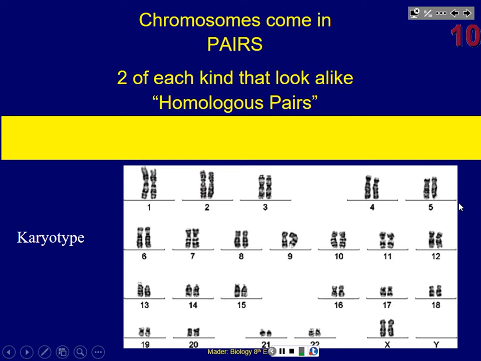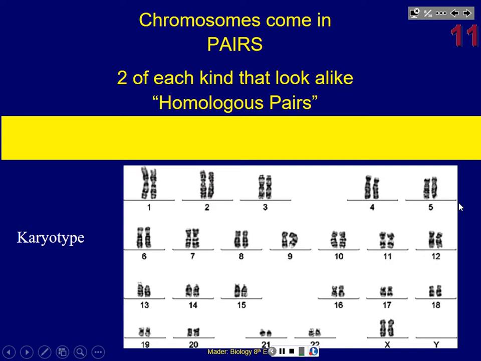So what they would do is group them together by homologs. The homologous pair goes together, and then they place them by size. So the largest one is always going to be pair number 1. The smallest is going to be pair number 22. And in a karyotype, the 23rd pair position is always reserved for a special pair of chromosomes called the sex chromosomes.